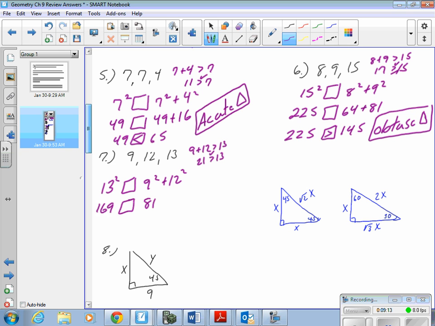Comparing that to 81 plus 144, or 169 compared to 225. So 169 is less than 225, so our c squared is less than a squared plus b squared, making it an acute triangle.